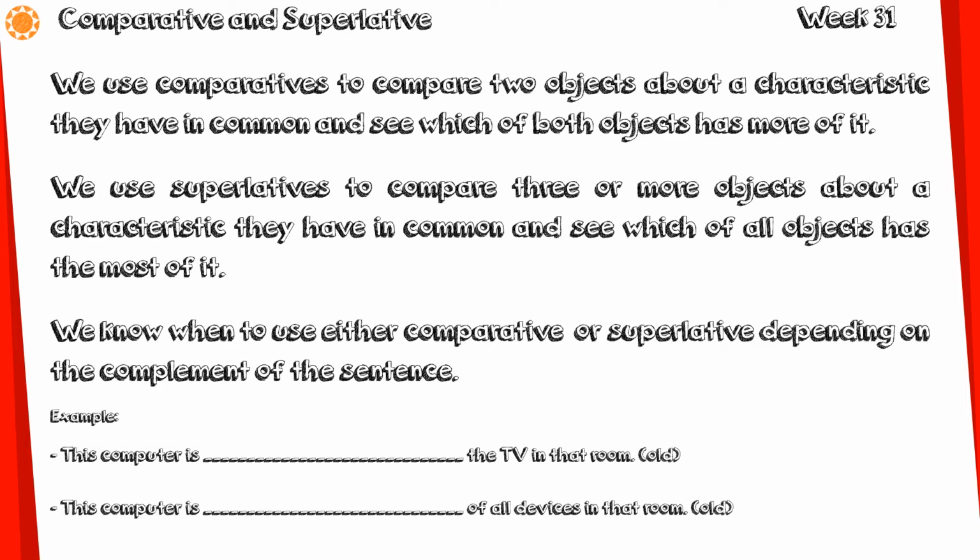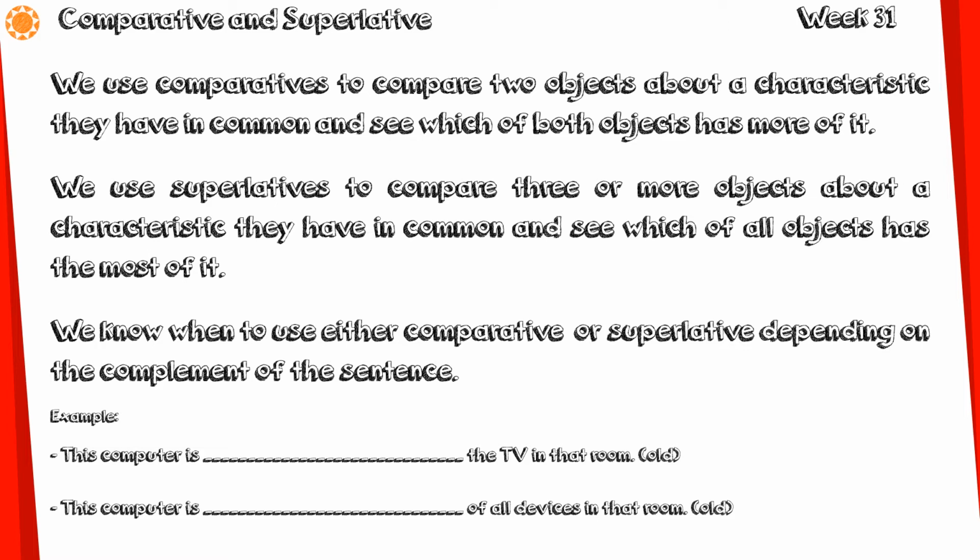Look at these sentences. We have: this computer is ___ the TV in that room. And the other sentence says: this computer is ___ of all devices in that room. They have different complements, but they have the same adjective. The first sentence is comparing the computer with the TV.